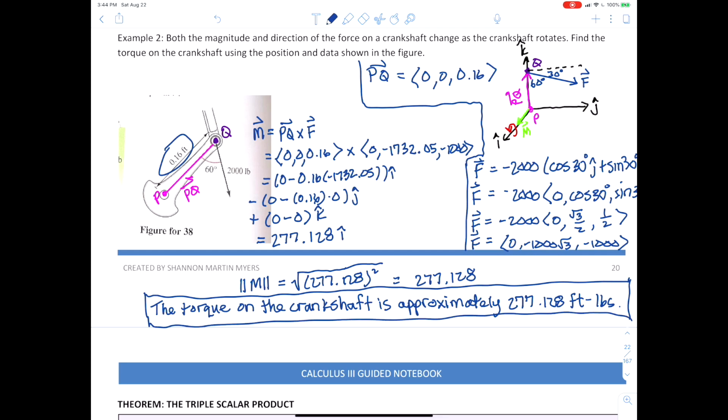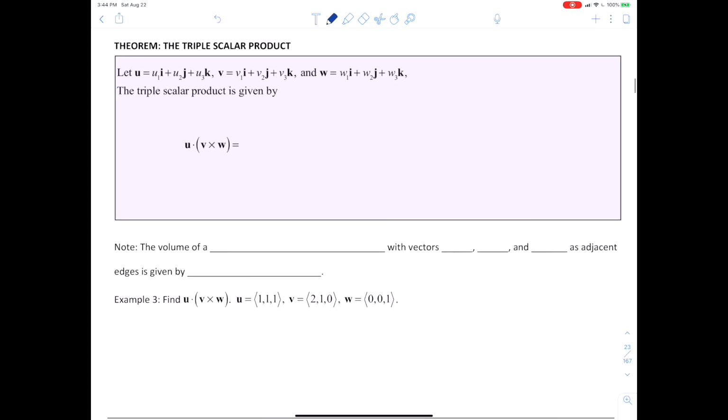All right. So now let's move on to the next one, the triple scalar product.